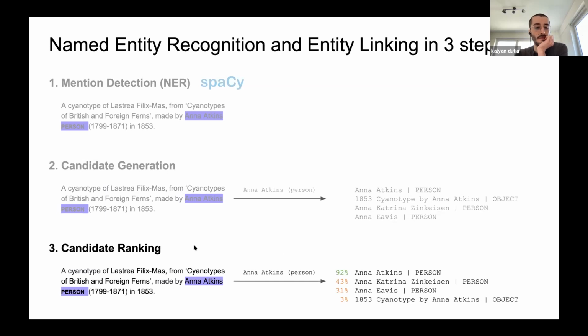Then the third step is candidate ranking. This is where the machine learning, and thus the uncertainties, comes in.